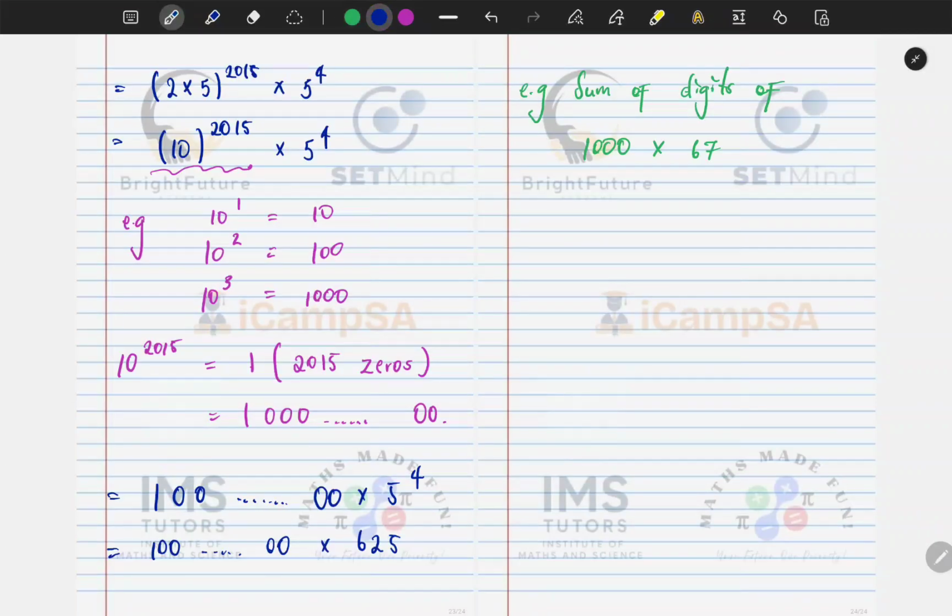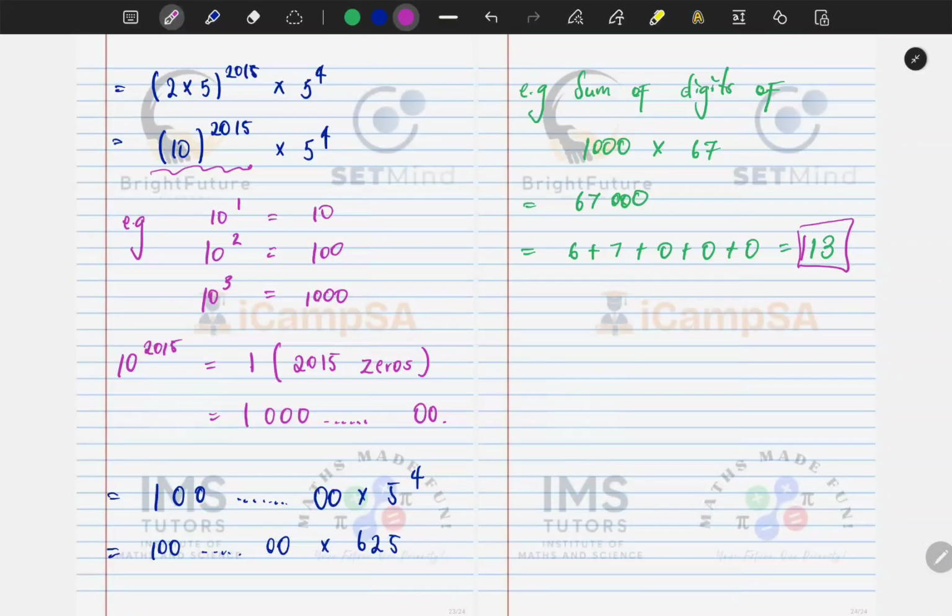How we would have done this: 1000 times 67 would have been 67,000, and the sum of digits would have been 6 plus 7 plus 0 plus 0 plus 0, which is 13. So this would have been the sum.